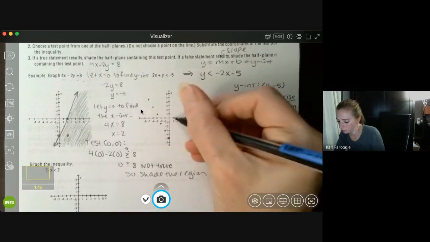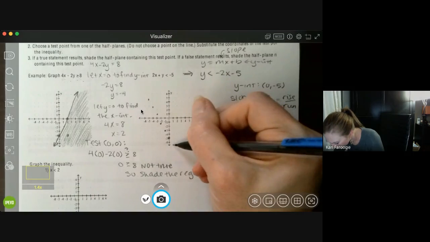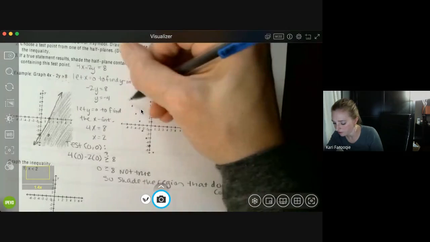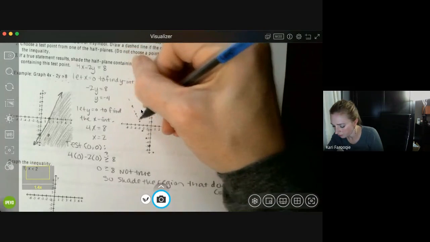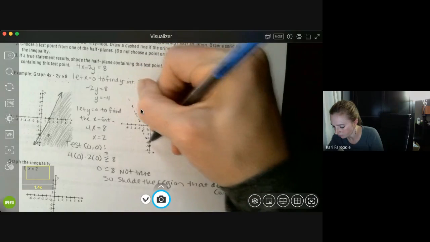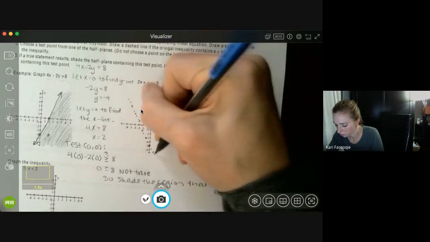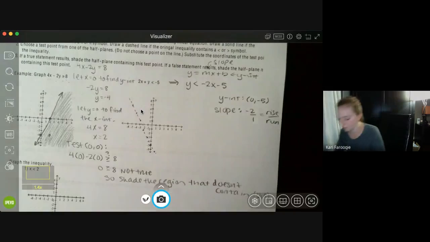I think that looks good. And then it's a dashed line because it's a strict inequality. There's no equal to in there. The slope looks like it got a little funky in there somewhere.